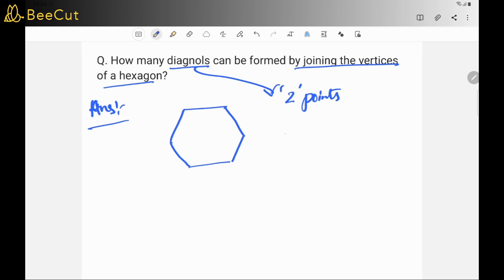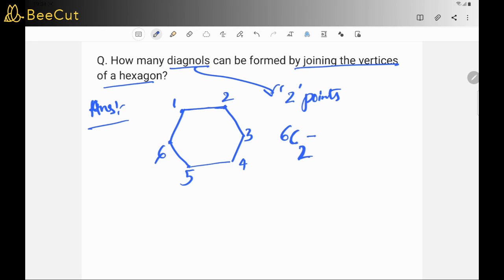So what I'll do is, out of 6 I'll select any 2. So it can be this one or this one, or I can select this one. So point 1, 2, 3, point number 4, point number 5 and point number 6. So I can select point number 1 and 3, point number 1 and 4, point number 1 and 5, point number 1 and 6.